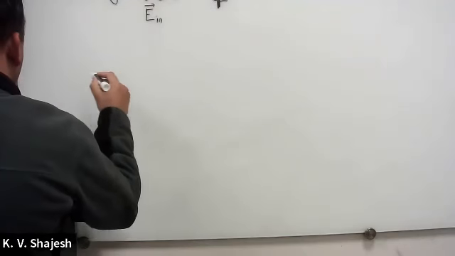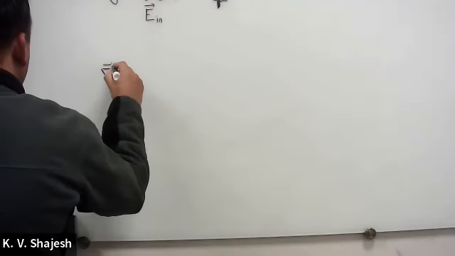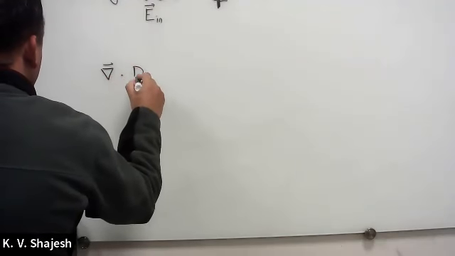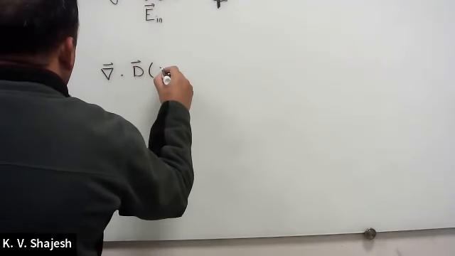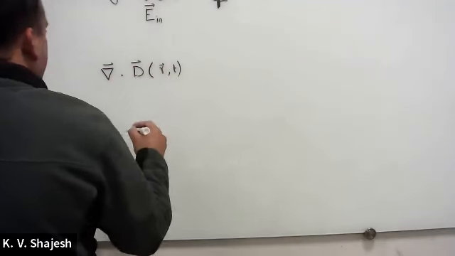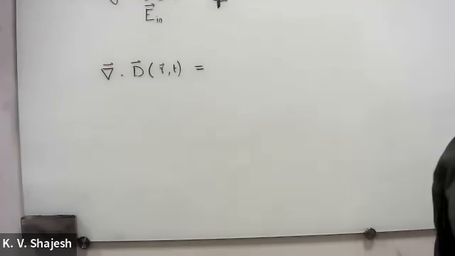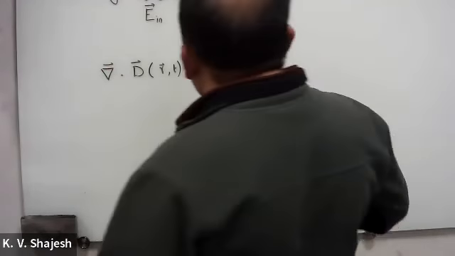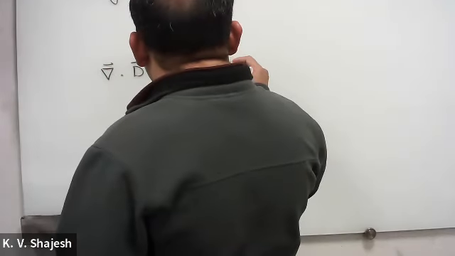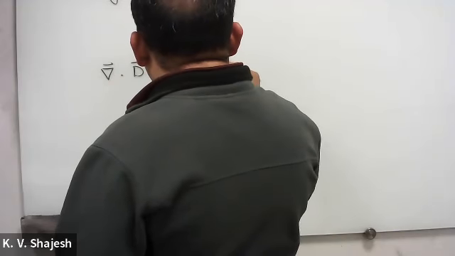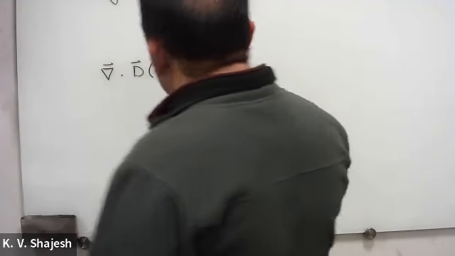We have Maxwell's equations, starting with the divergence of D of R comma T equal to charge density. I don't want to keep any charge density.